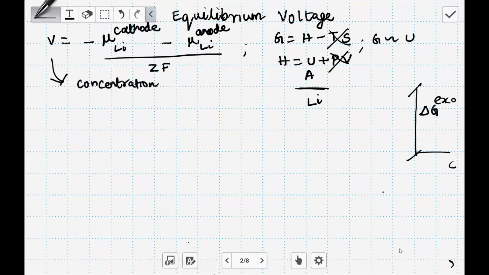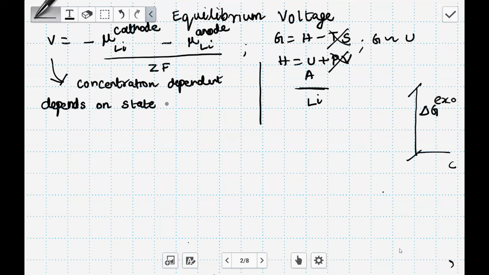It depends on the concentration of lithium at the anode and cathode, and on the charge state, at what stage of the battery discharge we are talking about. It depends on the state of the battery, in fact the state of charge.